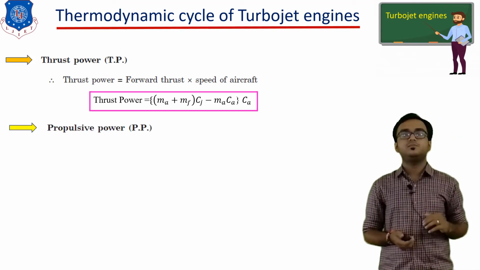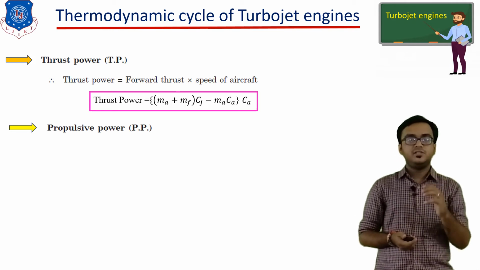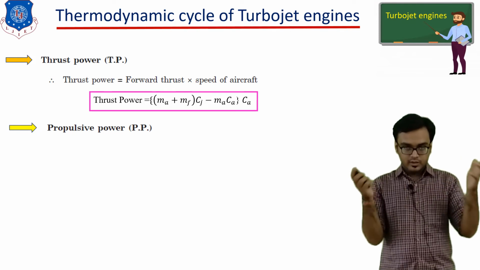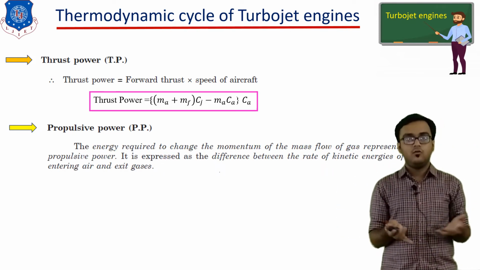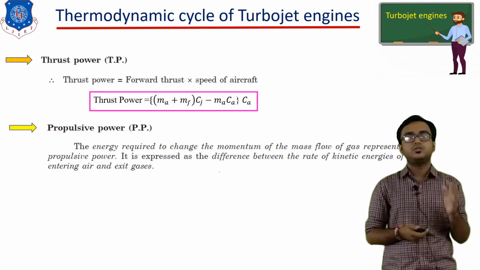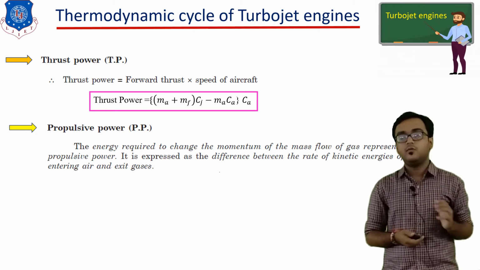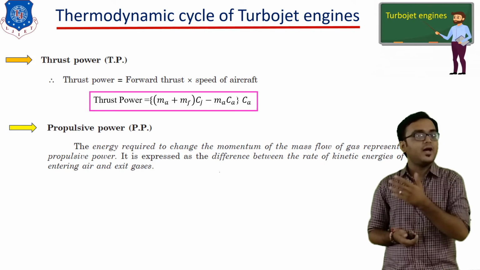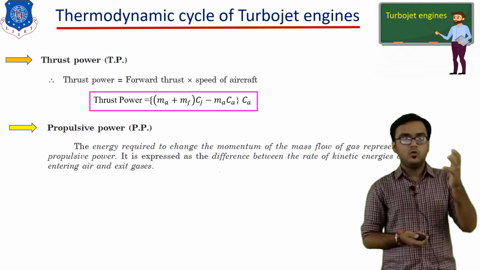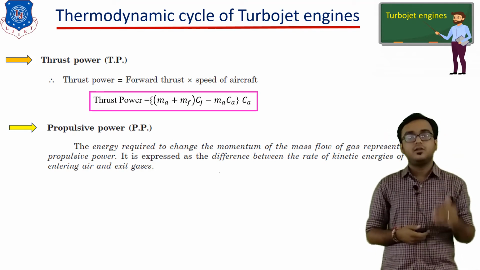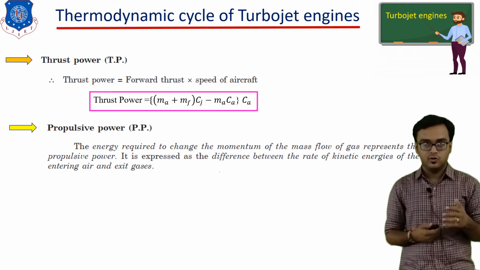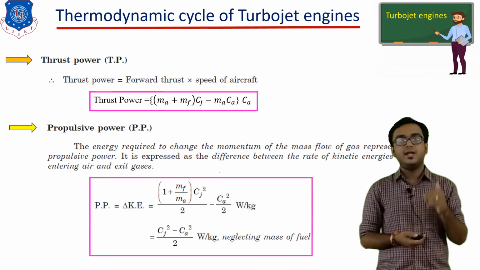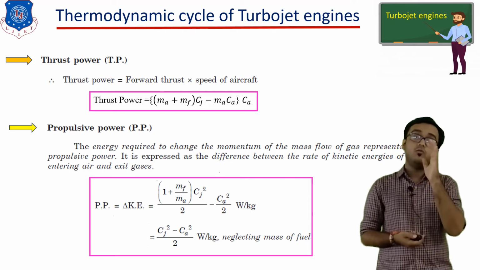Now next one is propulsive power, and propulsive power is nothing but the difference of kinetic energy of air, or you can say products of gases. Energy required to change the momentum of mass flow of gas represents the propulsive power, or you can say the difference of kinetic energy. If you want to develop the equation, the difference of kinetic energy is equal to (1 plus mf by ma) cj square divided by 2 minus ca square divided by 2, watt per kg.